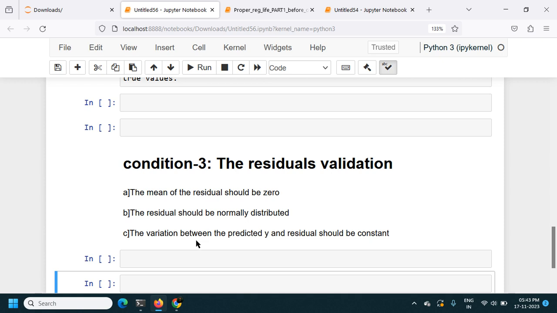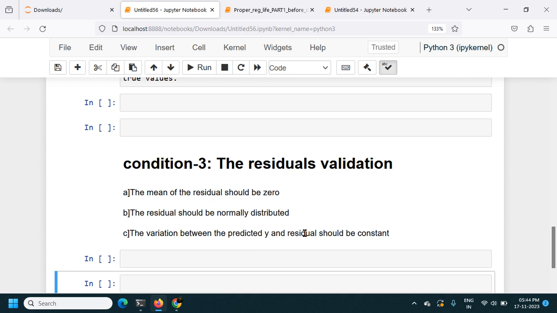Then the third condition is that the variation between the predicted y and the residual should be constant. It means there should be no relationship between the predicted y and the residual. If the predicted y has a positive relationship with the residual, meaning as y increases the residual also increases, that means as the value increases, the error will increase.